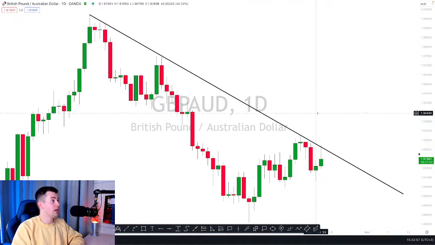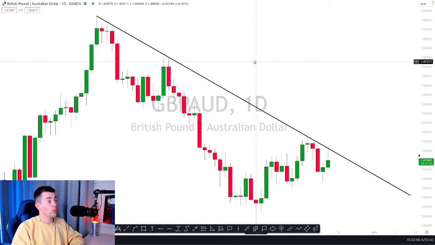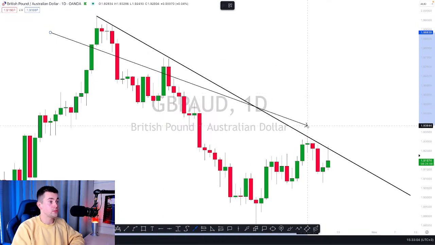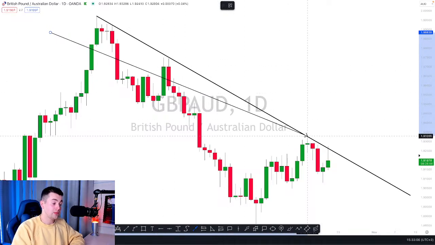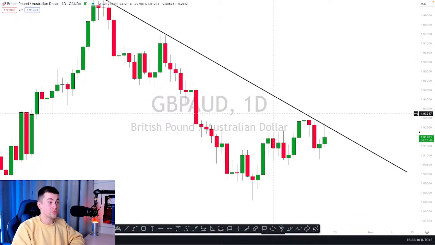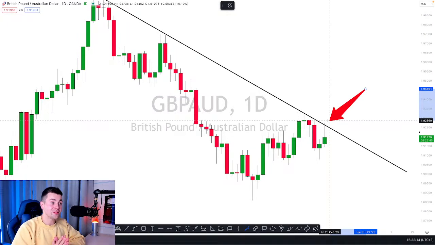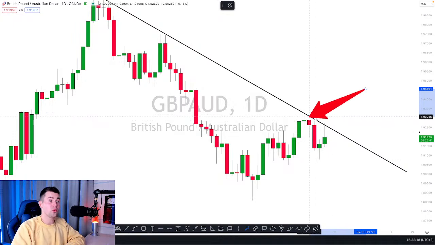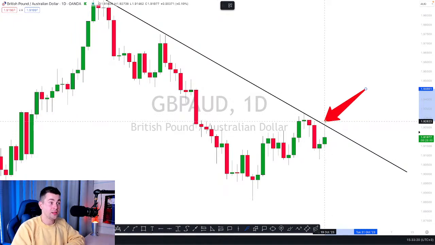From that trend line in the past, we saw very nice and strong bearish reactions. And now the market is approaching that trend line one more time. Yes, we see the test of that trend line again.